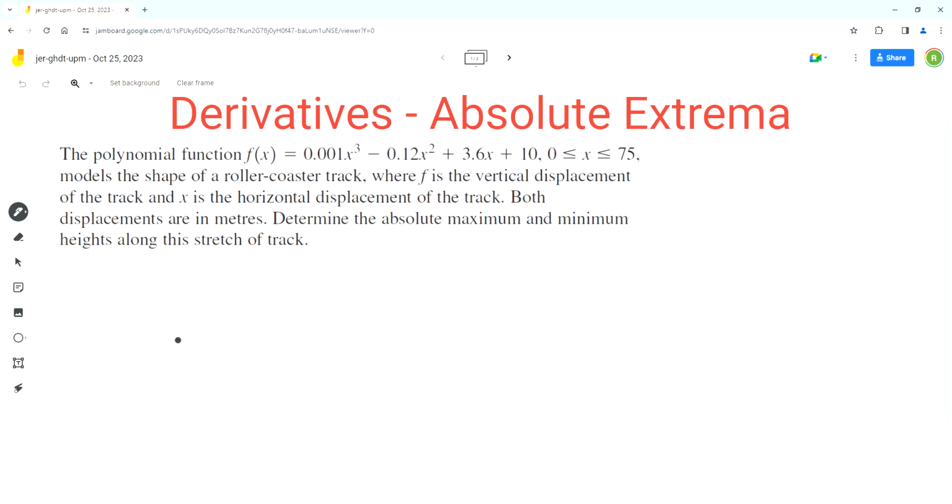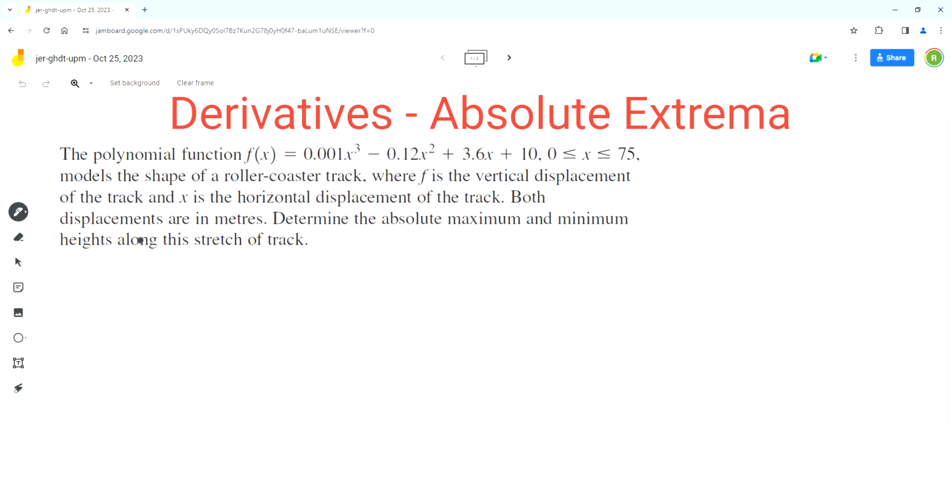So in this video, we'll solve this word problem using the concepts of derivatives. As per the problem, the polynomial function f(x) = 0.001x³ − 0.12x² + 3.6x + 10, where x is between 0 and 75, models the shape of a roller coaster track, where f is the vertical displacement of the track and x is the horizontal displacement of the track.